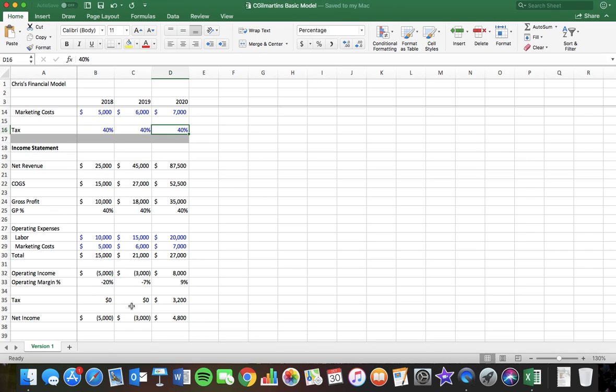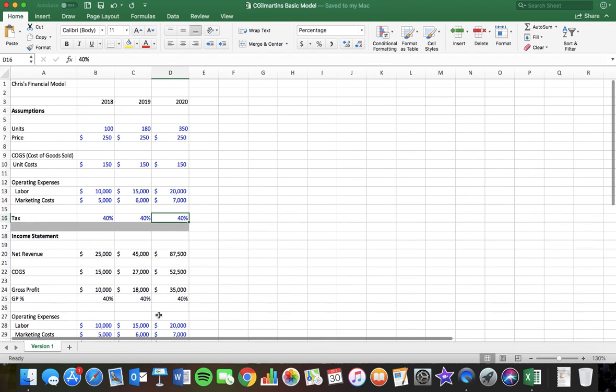So our first 2 years, that didn't apply since we obviously didn't make any money, but our third year, you basically take your operating income, multiply it by the tax, 40%, and you'd be paying $3,200 off your operating income. So then your net income that last year, 2020, would be $4,800. Obviously, the first 2 years we didn't make any money, which isn't very good, but you can see the third year we grew more and made some money.